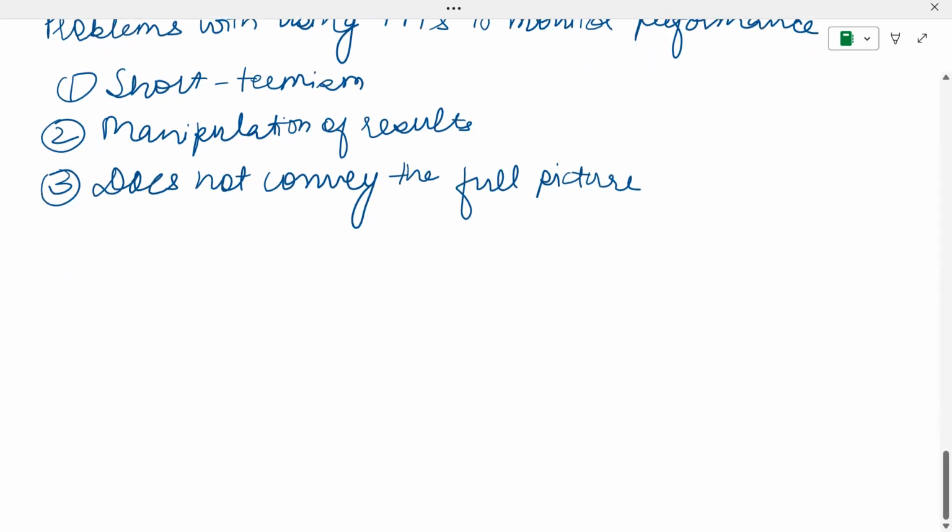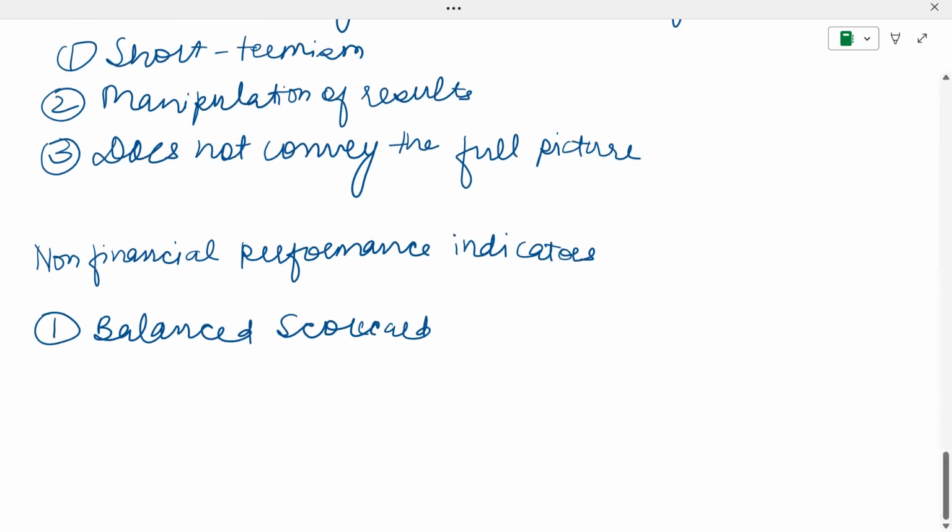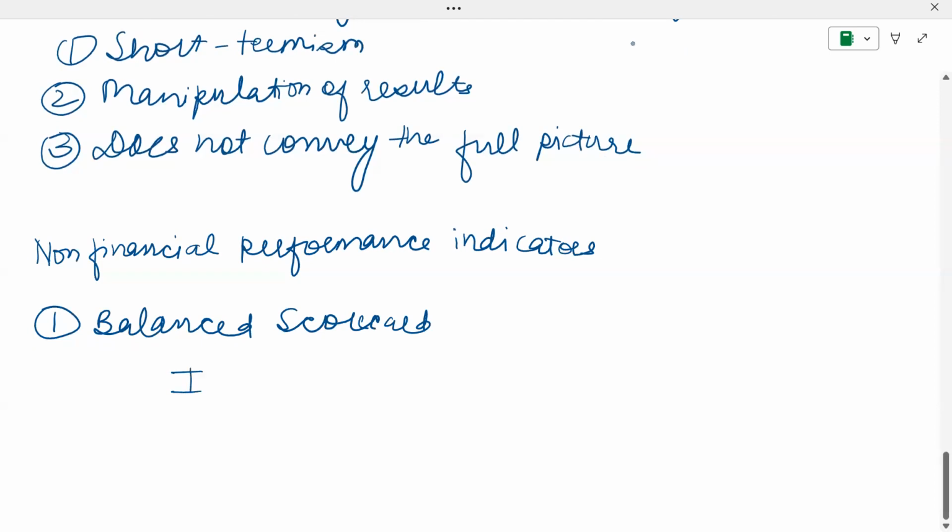Now let's discuss how these problems can be overcome using NFPIs, non-financial performance indicators. First technique which we have over here is the balanced scorecard model. There are four perspectives over here that we discuss.